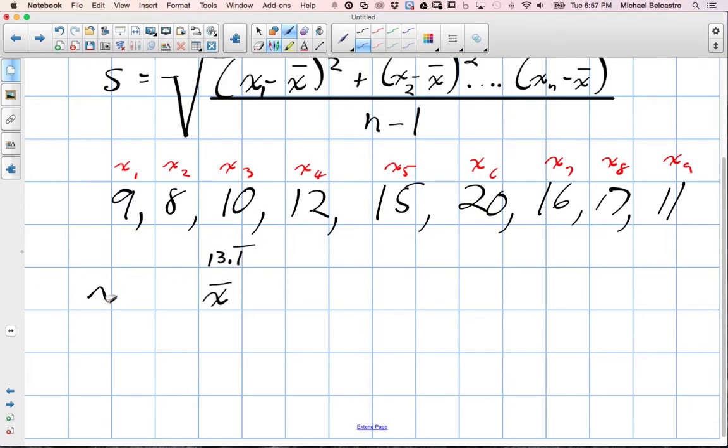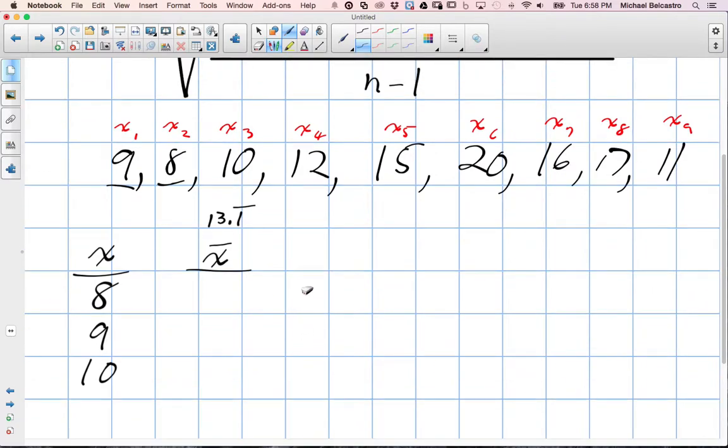So what we can do is list our chart here. We can list all of our values very quickly, and it's usually helpful to put them in order from smallest to largest. The smallest term would be 8, then 9, then 10. I don't think I duplicated anything. Did we have an 11?